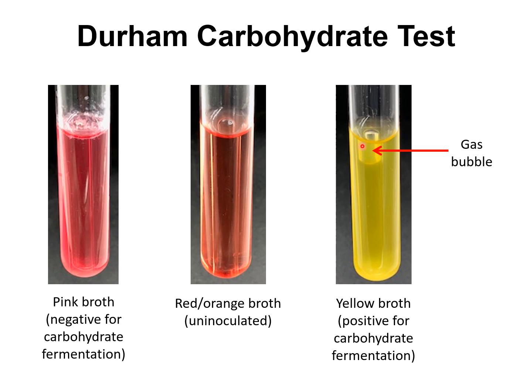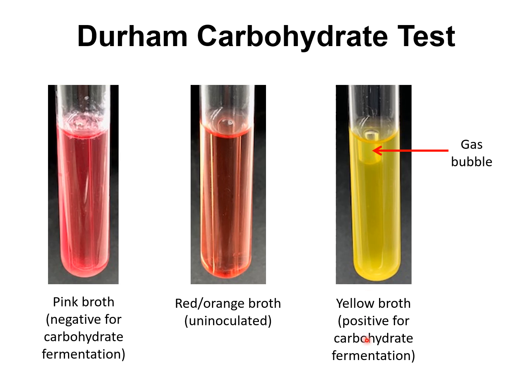Now, right here is the Durham tube, okay? Do you see this bubble in there? This bubble represents gas trapped in the Durham tube. So it tells you two things about this bacteria. It tells you that the bacteria you inoculated right there was capable of fermenting the carbs, and it was also capable of producing gas.